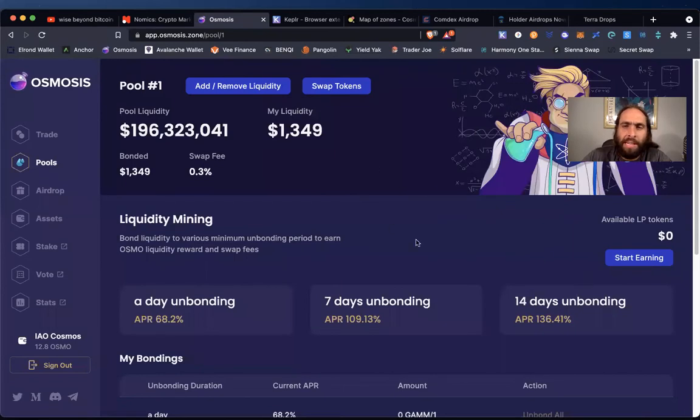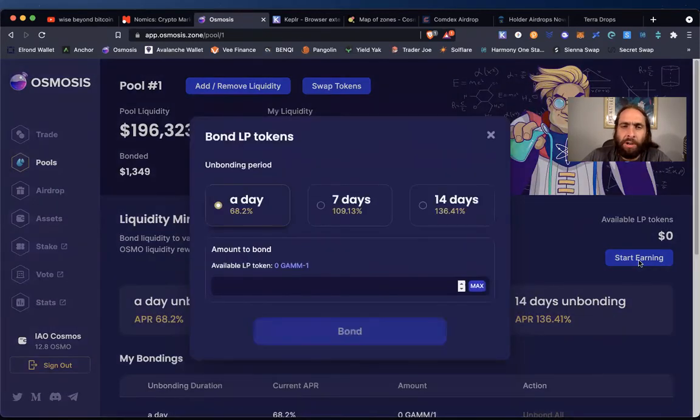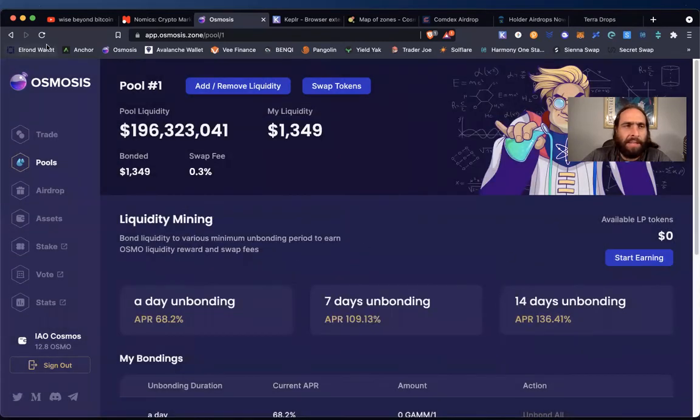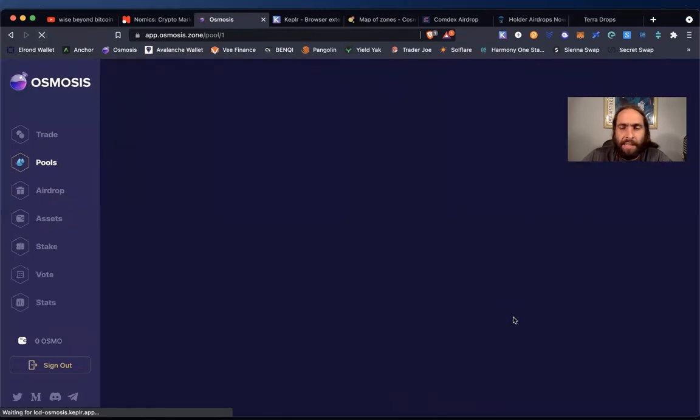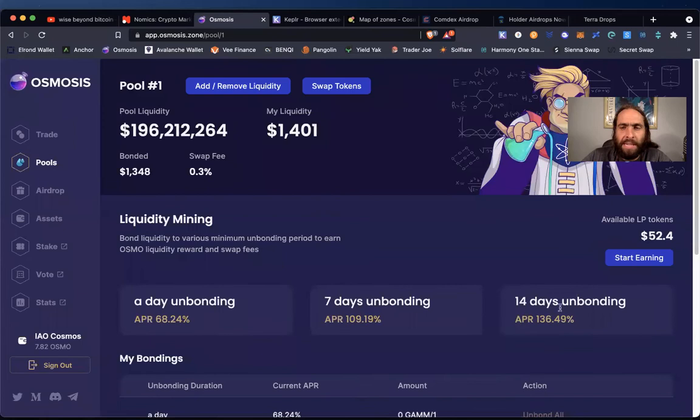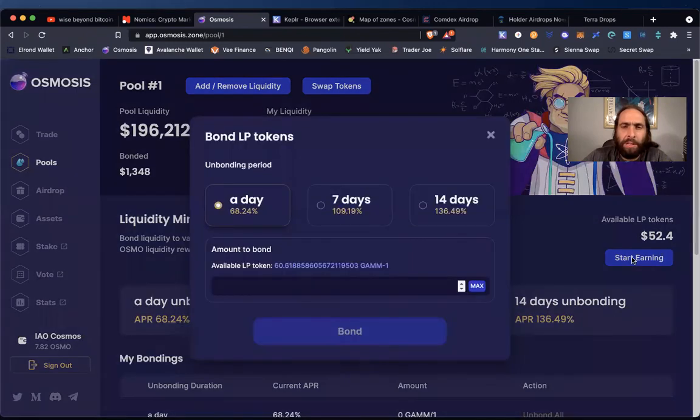I could click start earning, but there's nothing available, even if I refresh the page, because I've previously, like I said, left it in that 14-day bonding. Anything you add from that point forward, if you don't unbond it, everything you add will be under it, usually.